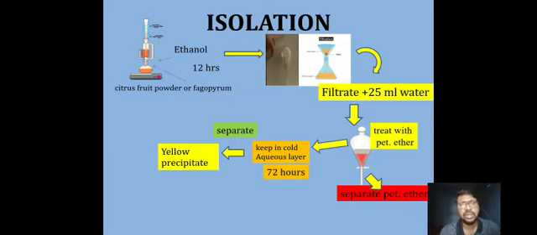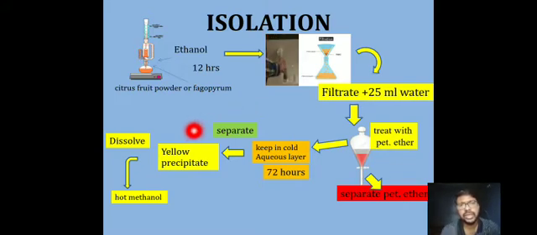After cooling at cold temperature, you get a yellow color precipitate at the bottom. Separate the yellow precipitate, and dissolve it in hot methanol.